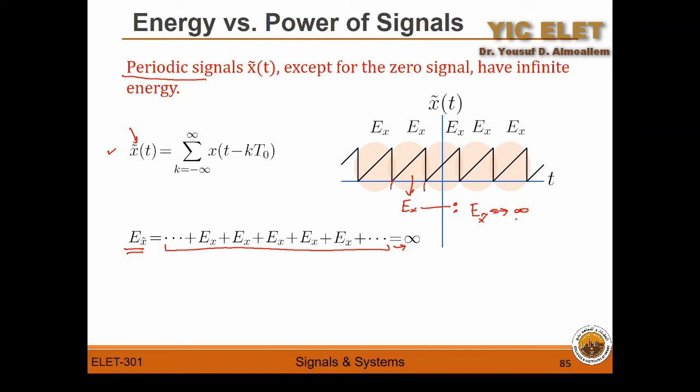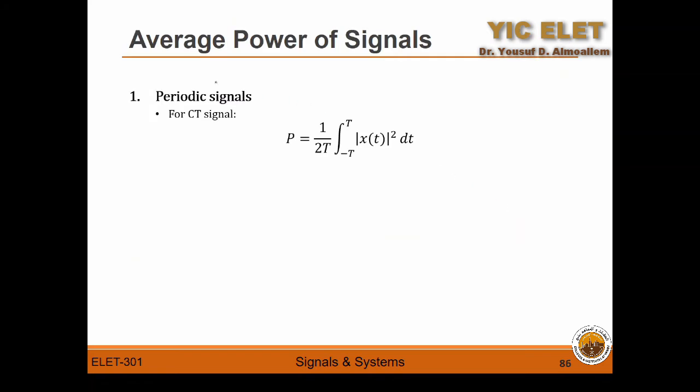That's why we have to define the power, or the average power, of the signal. For periodic signals, the average power is simply a similar expression to the energy here as T goes to infinity, and for this side, we are averaging over this T. How do we calculate this expression?